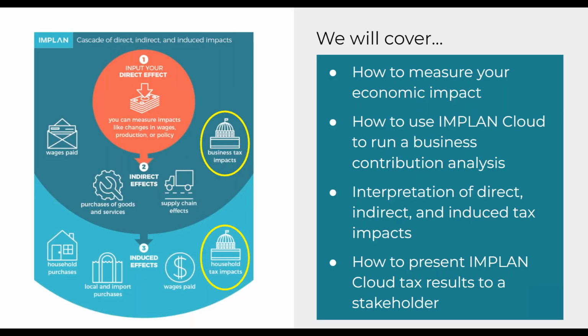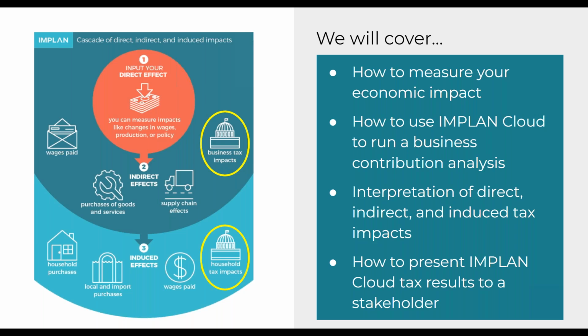So again, what's brought us here today is really looking at, when running an economic impact analysis, how can we look at some of these business tax impacts, particularly at the indirect level, and then also look at induced effects of taxes, looking at the household level there.